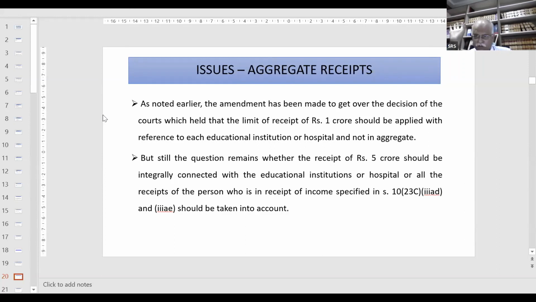relatable to the institution. Suppose you are having a trust, your trustees are running educational institutions, and there's also a trust which is there. The educational institutions receive school fees. They receive certain other fees or certain direct donations in respect of those institutions.